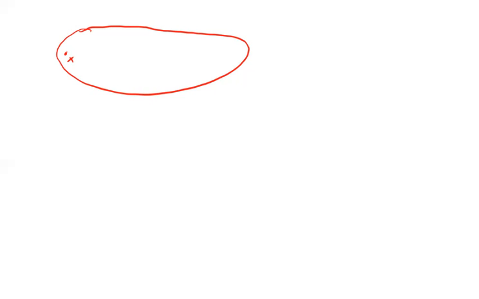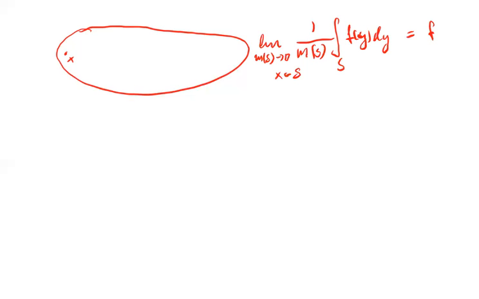And for more general sets, x in S, limit as the measure of S goes to 0 of the average of f of y dy, this is still an open question. Right?